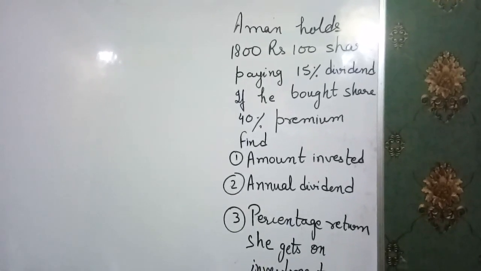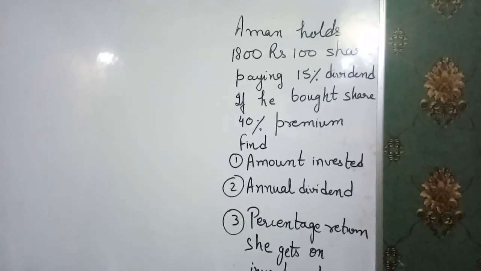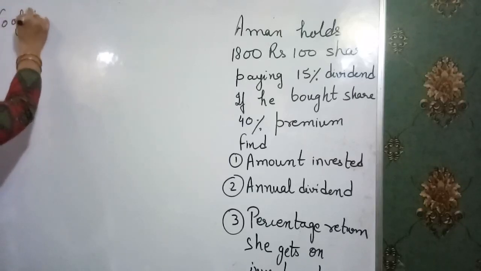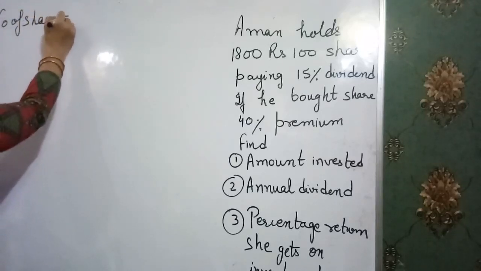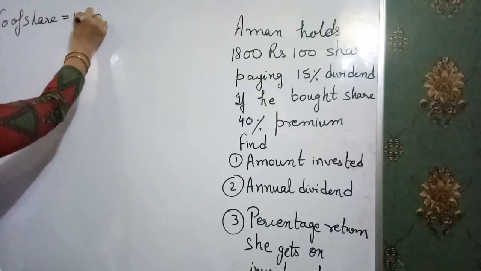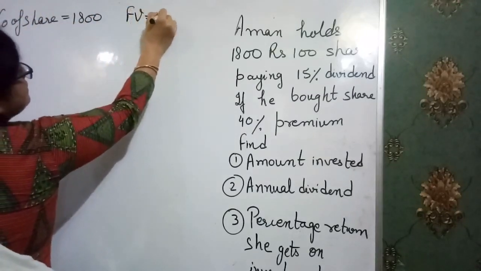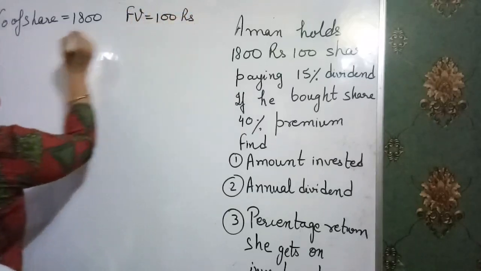Now there are three terms which I am going to explain one by one. So just watch over here. Number of shares, we have 1800. Now the face value of the share is rupees 100.